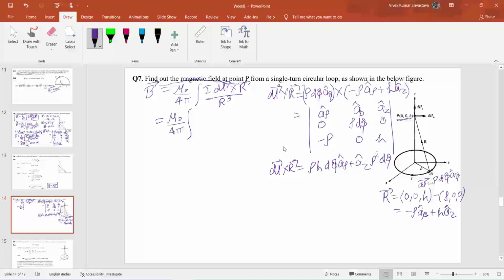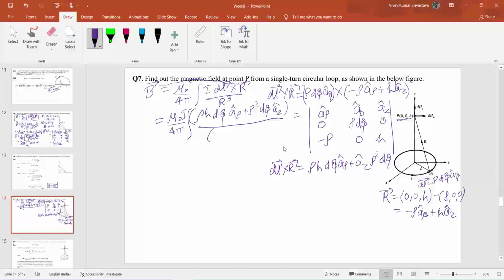Yeah, so this becomes equal to I. We can take outside here from this integral, and then this will be equal to rho h dφ aρ plus ρ² dφ az, okay.